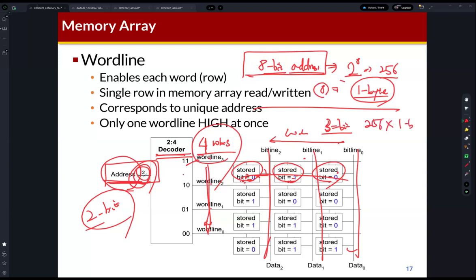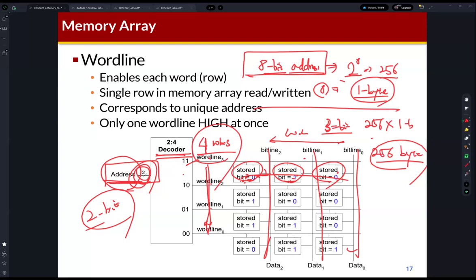So this is 256 bytes. Do you understand? The number of pins in the address determines the depth of the memory. We can calculate the maximum memory size like this.